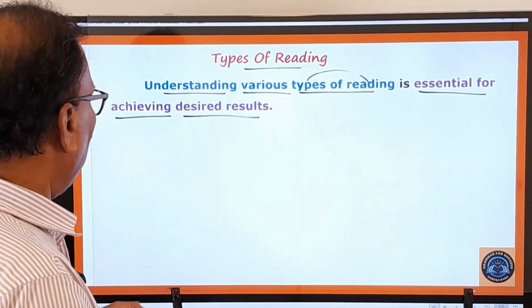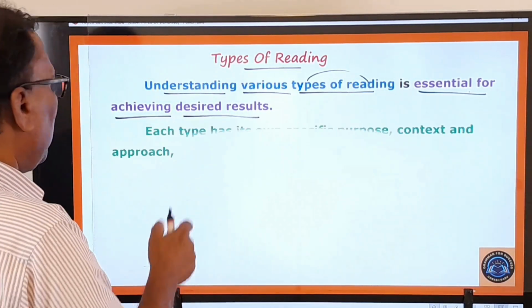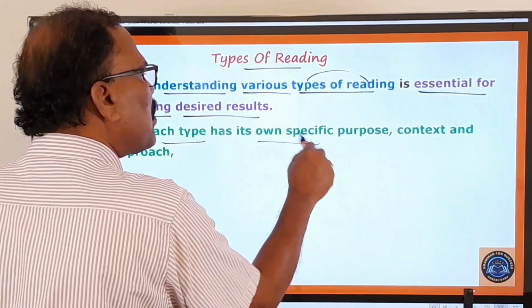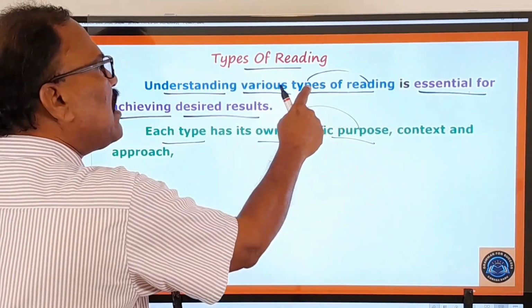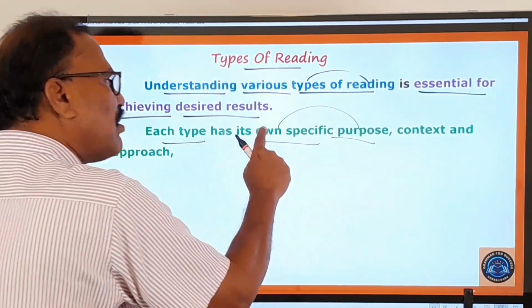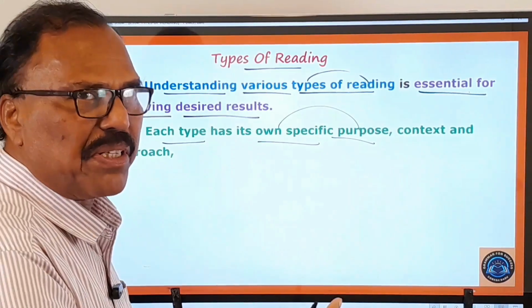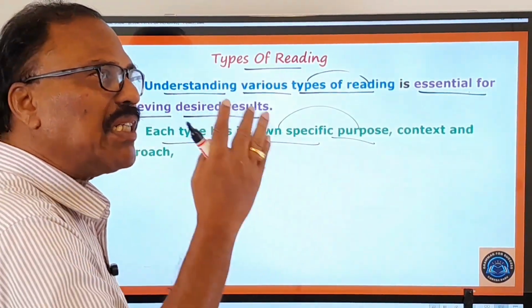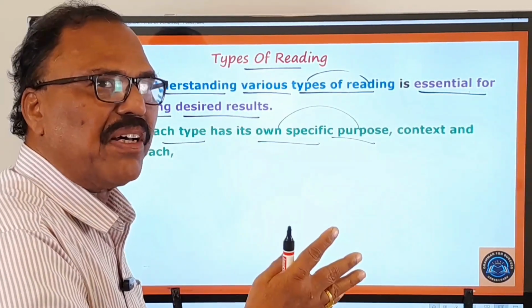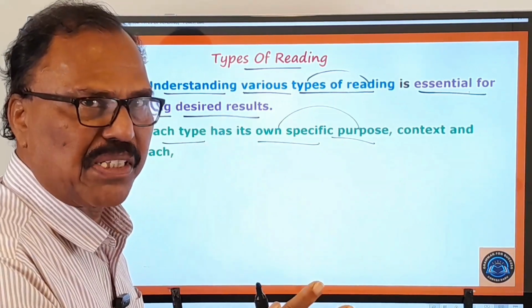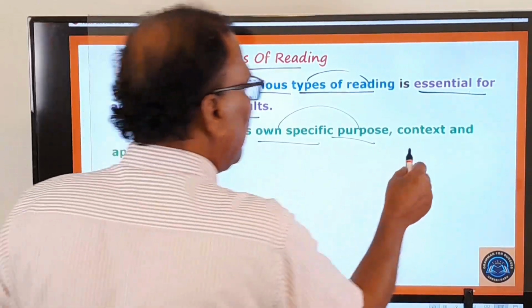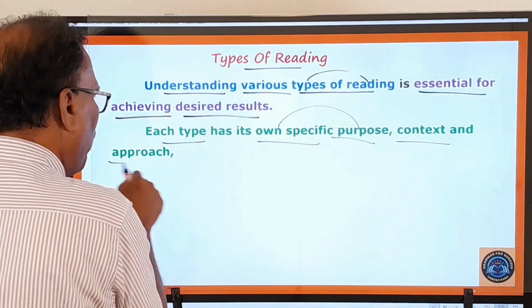That is the first point. And next, each type has its own specific purpose. Each type of reading is meant for some definite purpose, and it has some context and approach also.